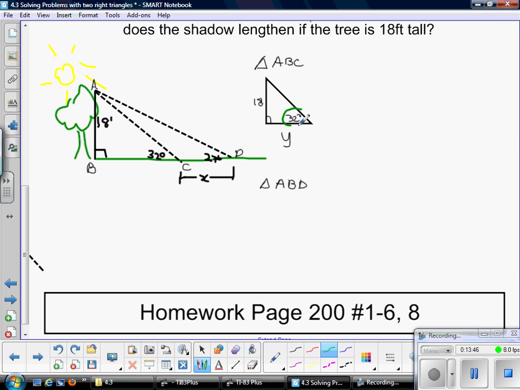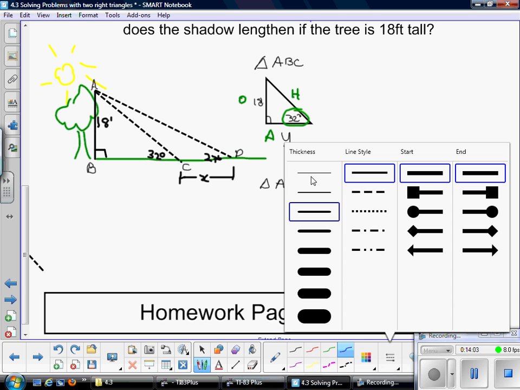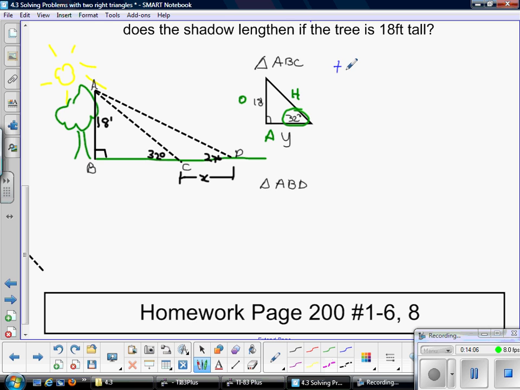I'm going to circle this, label the triangle. So this is opposite, hypotenuse, adjacent. You can see I have the opposite. I want to find the adjacent, so that's tan. If you don't see that, you can use the method that we have been using already. So we have tan of theta equals opposite over adjacent, which is tan of 32 equals opposite, which is our 18, over our y, which we want to find. So I'm just going to pause the video here and then take off and finish this question up.